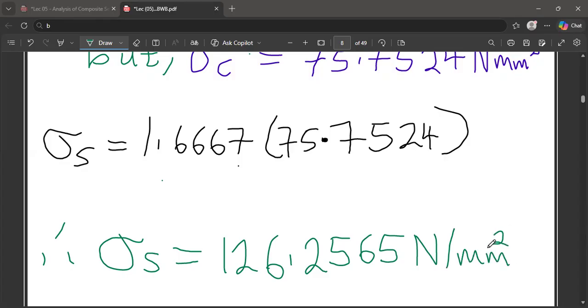To be more flexible, you can choose to also write this as this, and it is still the same thing.